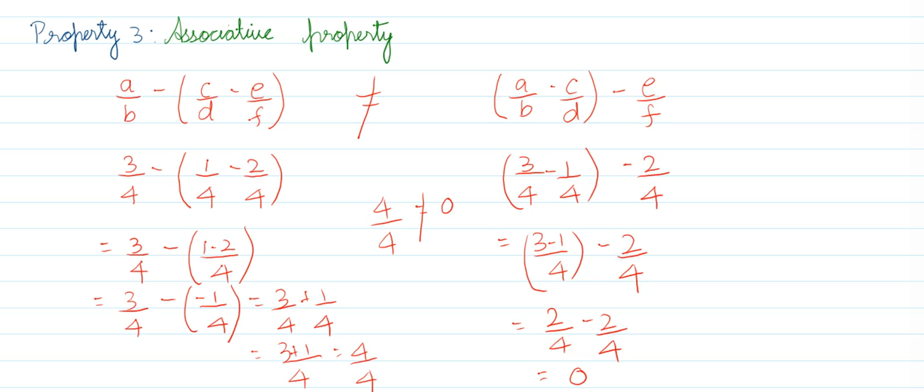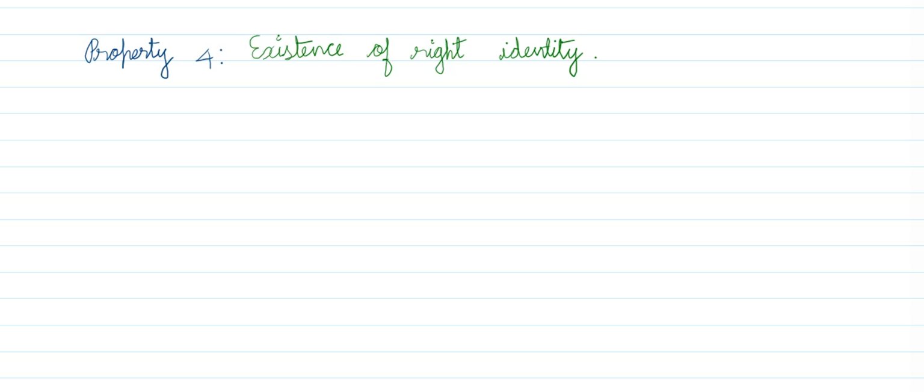So now we are going to check the fourth property. Property 4 is existence of right identity. In case of addition, we have a by b plus 0 equal to 0 plus a by b, which is again equal to a by b.